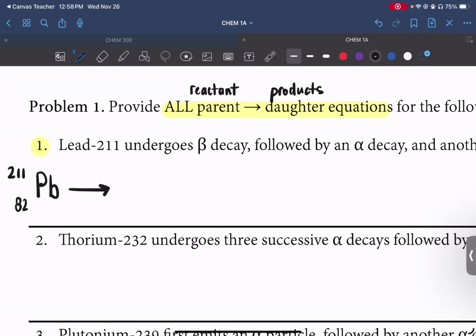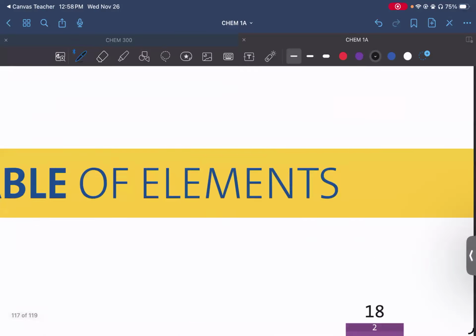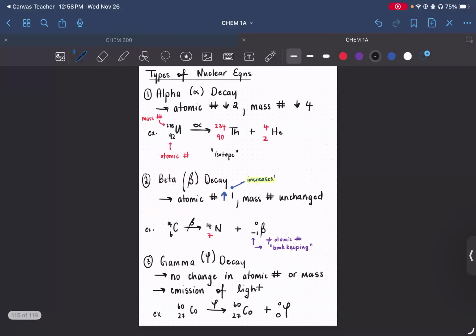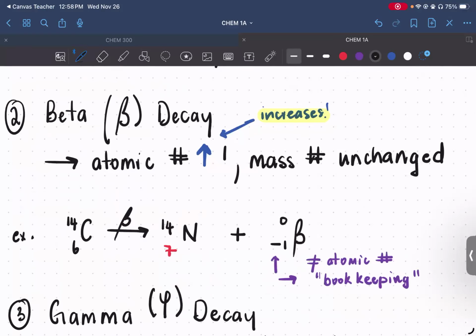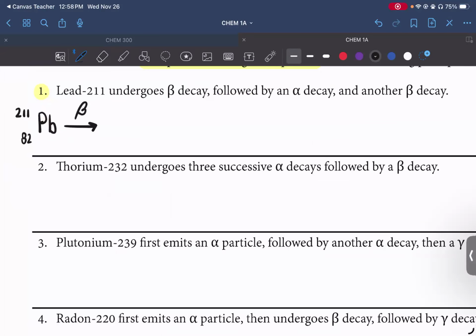First up, it undergoes a beta decay. So we would write the beta symbol. Hopefully we have our notes at the ready that describes what happens in beta. Let's just remind ourselves. In beta decay, the atomic number increases by 1. The mass is unchanged. So the atomic number goes up to 83.